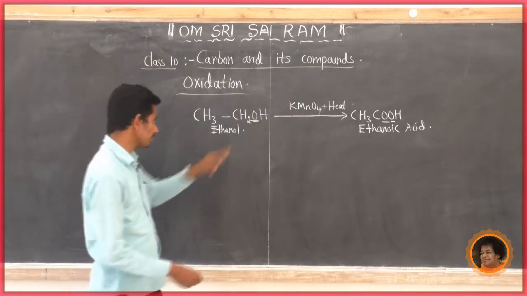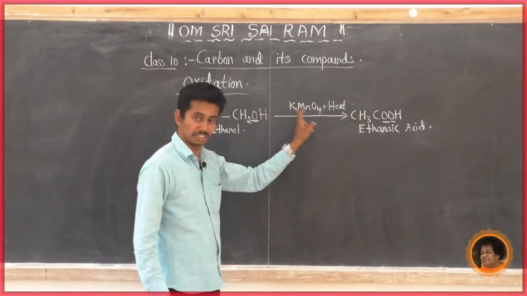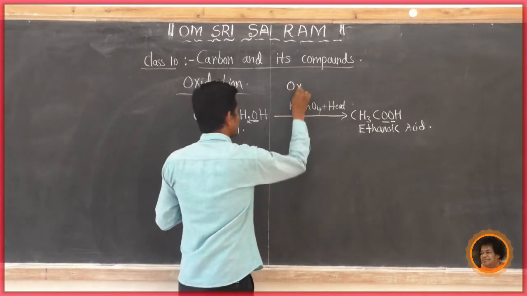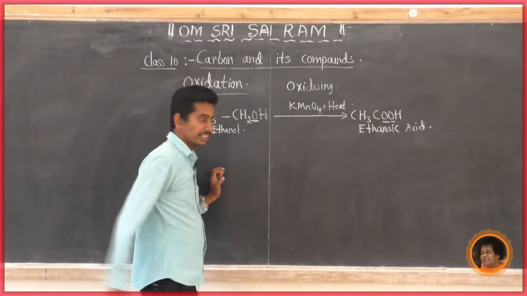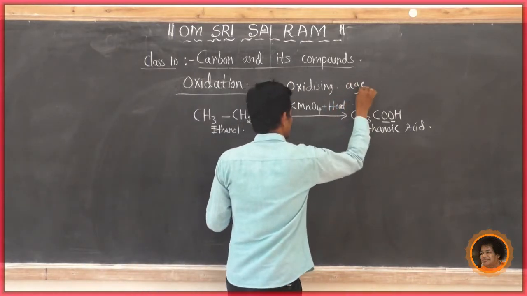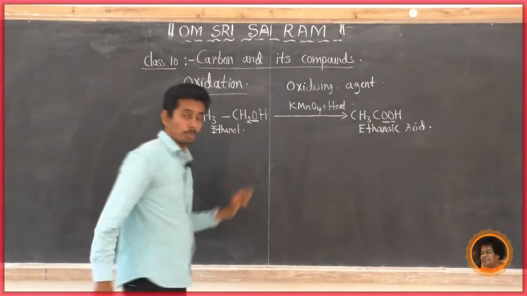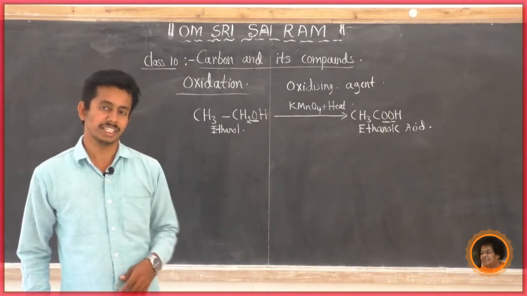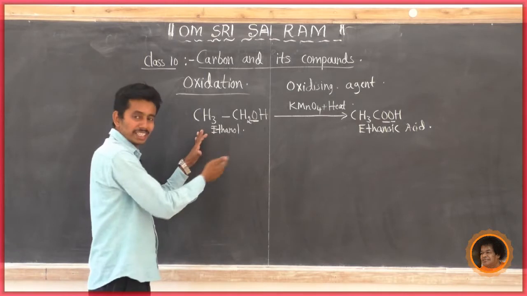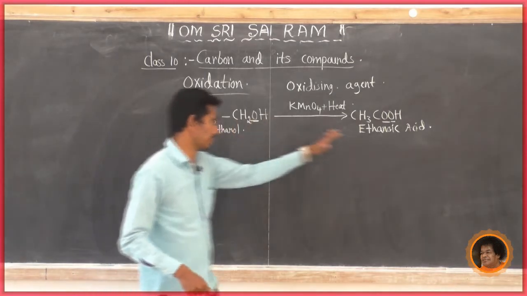Another thing, this potassium permanganate is called an oxidizing agent. Very important. This is a new concept now. Oxidizing agent. What do you mean by oxidizing agent? Why does this ethanol gain oxygen and become ethanoic acid?